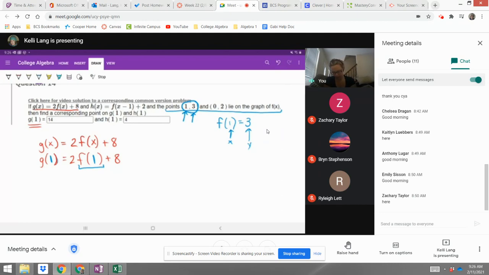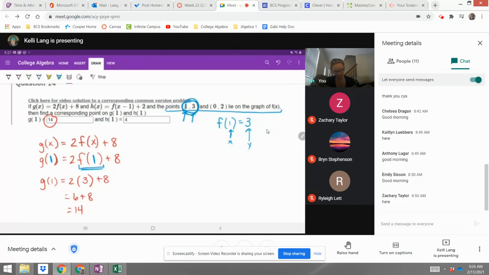So I'm going to rewrite this as g of 1 equals 2 times 3 plus 8. And that simplifies to 14. So that's it. That's how you get 14 here. Really, the only trick to this was figuring out what f of 1 was equal to using this point.